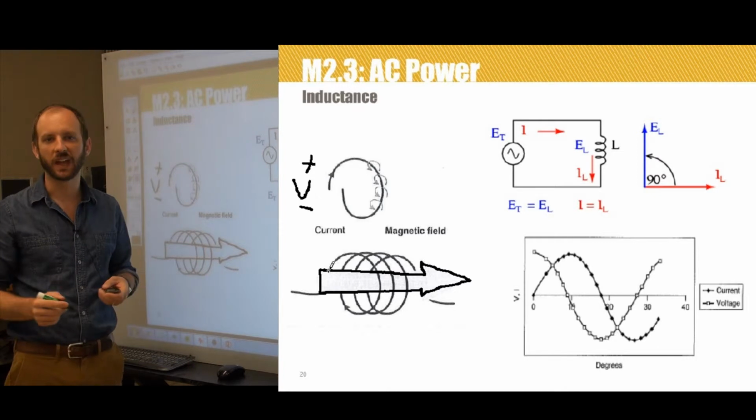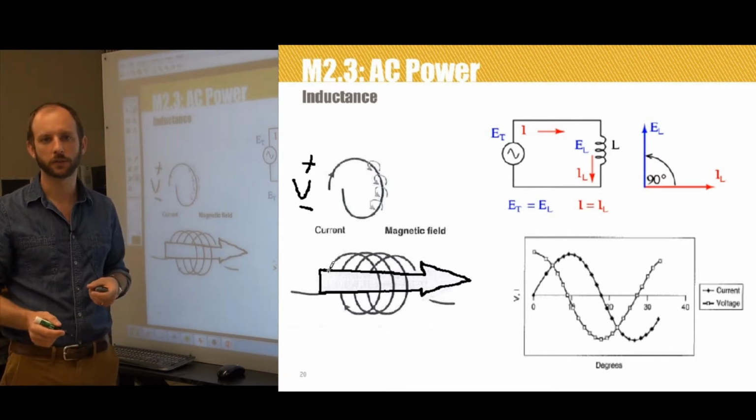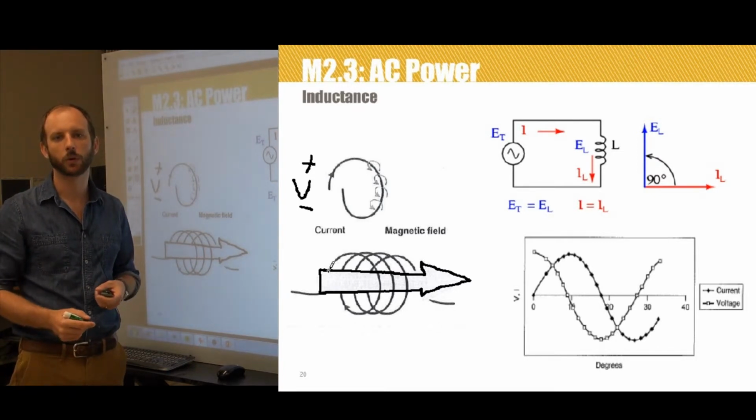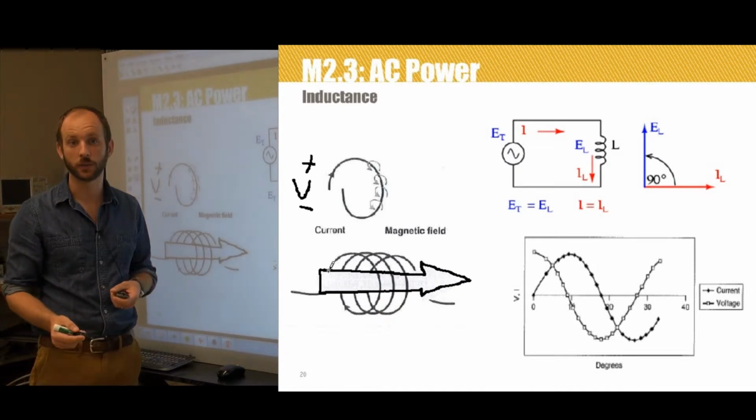Now imagine we did this with an AC signal placed on the wire instead of a DC signal. An AC signal placed on the coil will cause the magnetic field to change direction with the AC waveform.